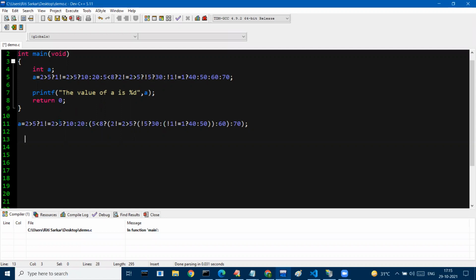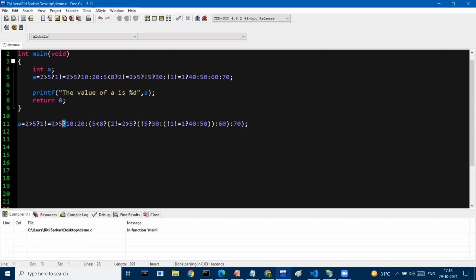If you see here, still one asking sign, another asking sign is left. Now, for this asking sign, who is the expression 1, who is the expression 2, and who is the expression 3? That is what I have to define.